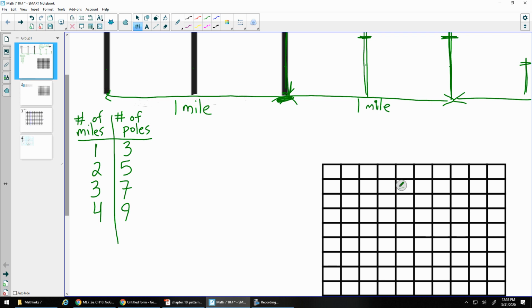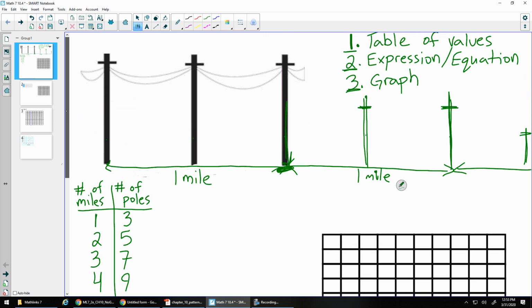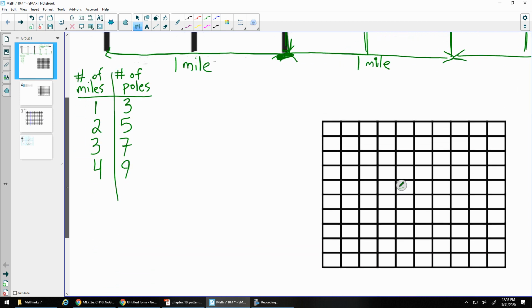Okay, so now that we have our table of values, we can use this. I find it the easiest way to find our expression. So the second way of showing our pattern, I find it easiest to find that expression from my table of values.